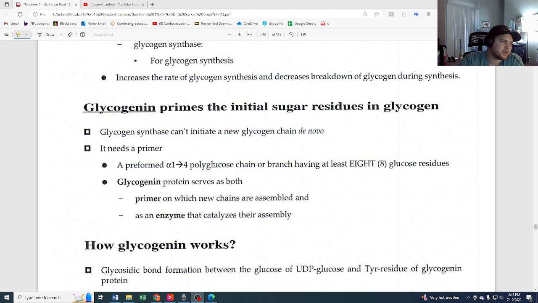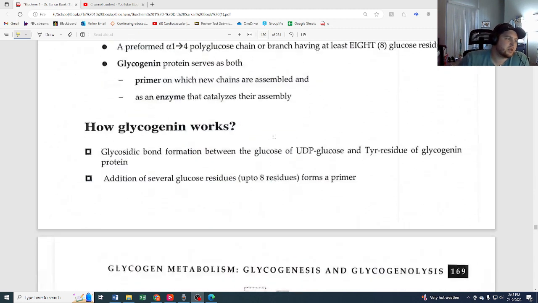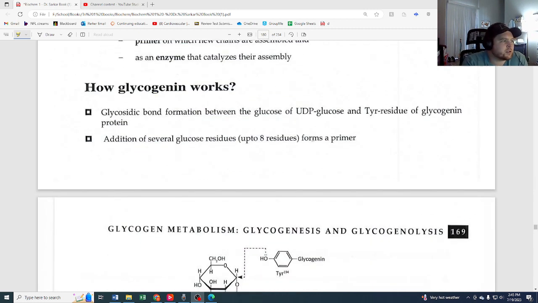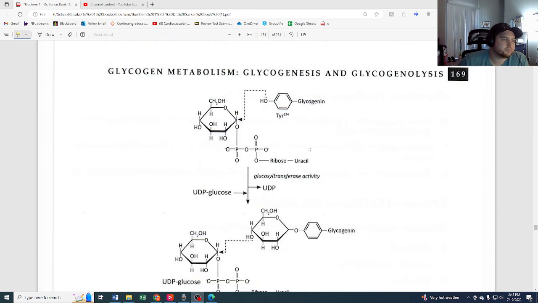Glycogenin protein serves both as the primer on which new chains are assembled, as well as an enzyme that catalyzes their assembly. So glycogenin catalyzes a glycosidic bond formation between the glucose of UDP glucose and the tyrosine residue of glycogenin protein. The addition of several glucose residues, up to 8, forms a primer.